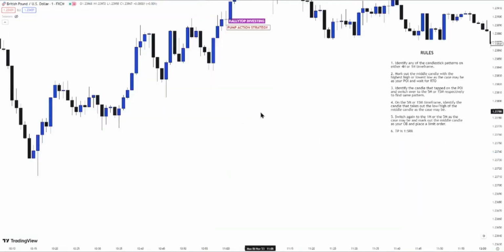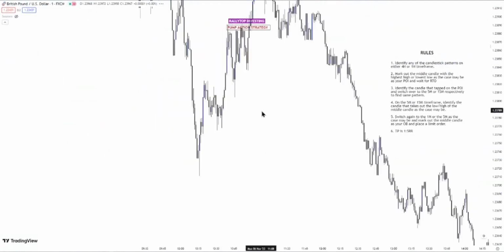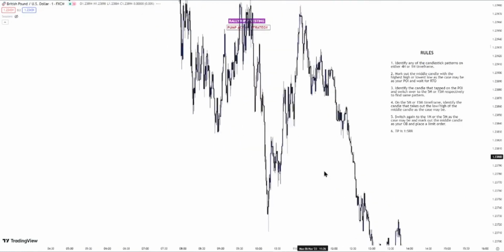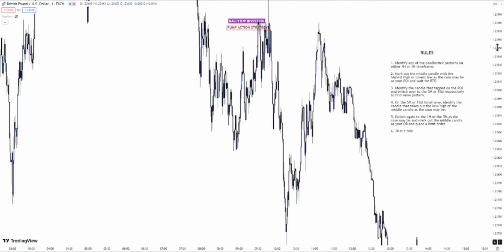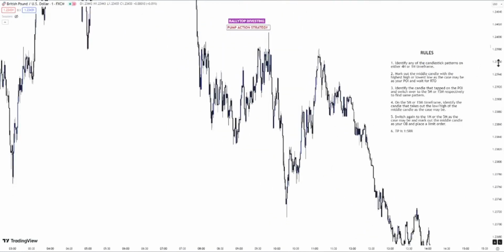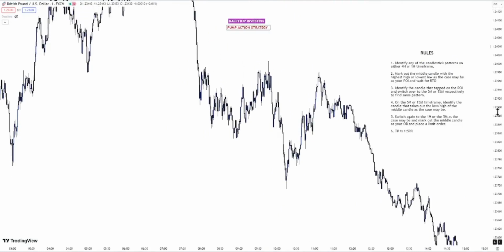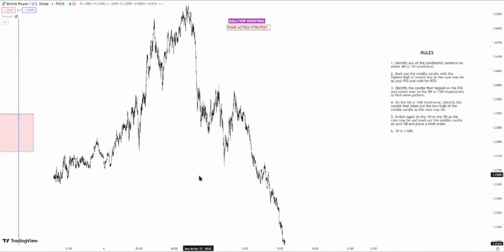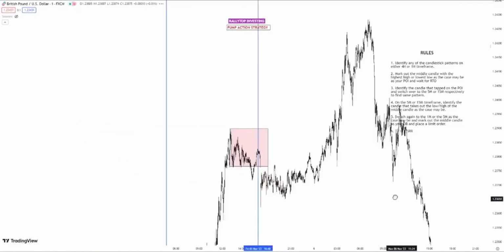Let me see where we are on the 1M. I hope TradingView will allow us to get there. I don't know. But let's see. Okay, so this is where we are.